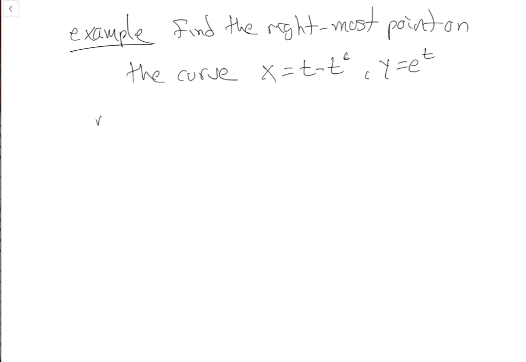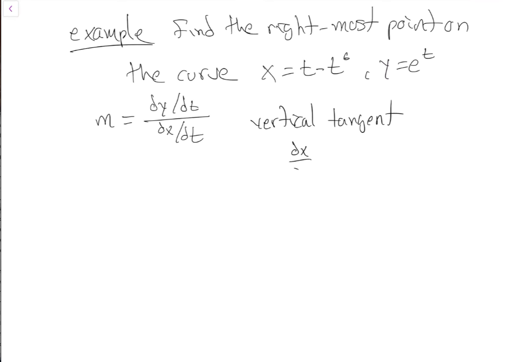So once again, if we think back to our derivative of our parametric equation, dy/dt over dx/dt. For the horizontal tangent we'd use that, but for this case, we want a vertical tangent to find that rightmost point. And that's going to be where we have division by 0, so we're going to have dx/dt equal to 0.